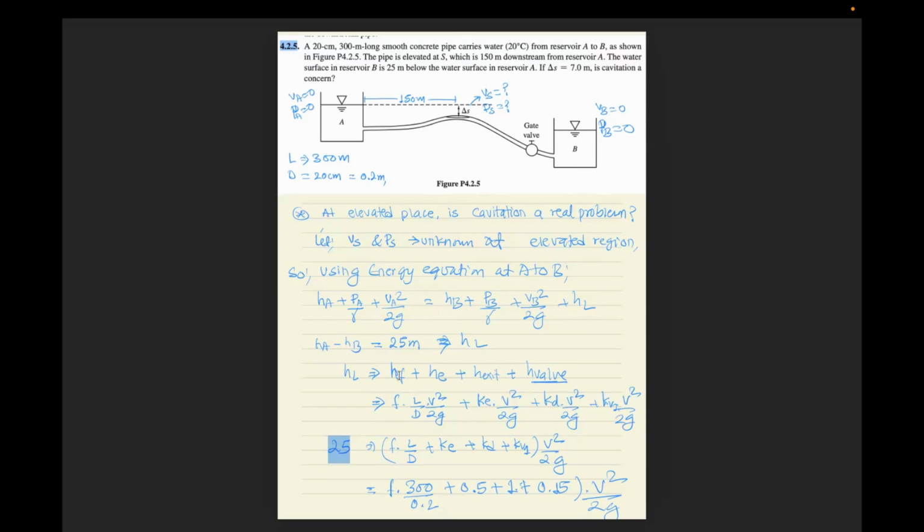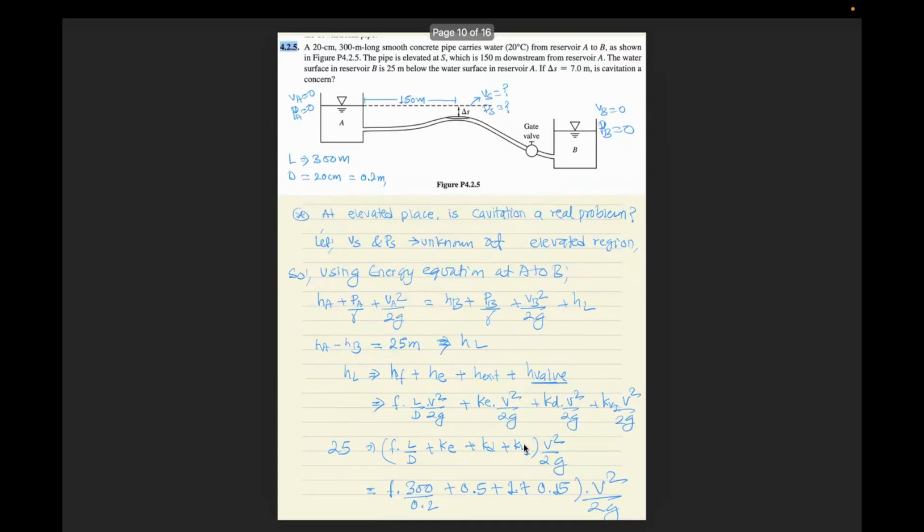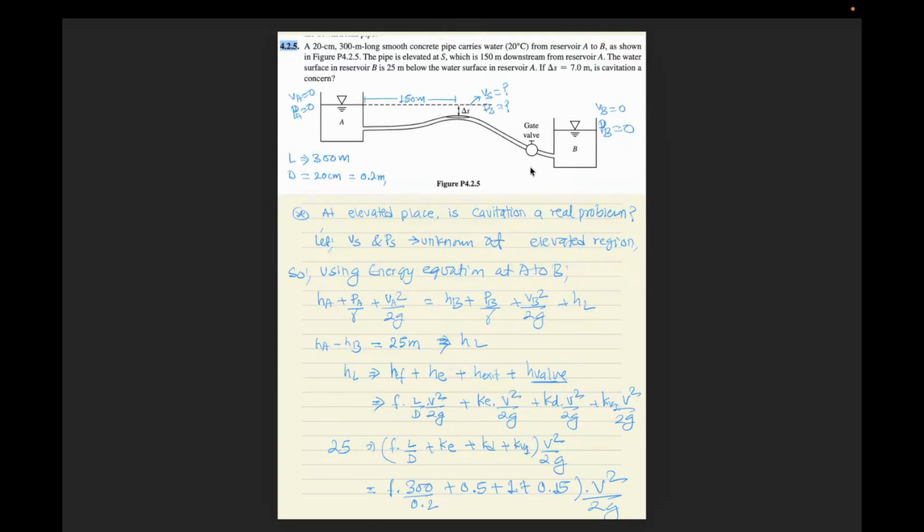So we will use the friction factor, entrance head loss, exit head loss, and head loss from the valve. This gives us this formula, and for K entrance it is 0.5, K exit is 1, and for the gate valve K is 0.15.